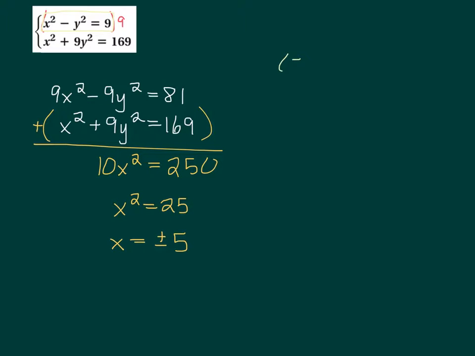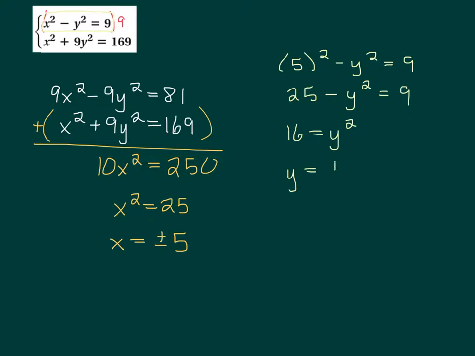So I've got 5 squared minus y squared is 9. So 25 minus y squared is 9. So 16 is y squared, meaning y could be plus or minus 4. So our solutions are all 4 of them.